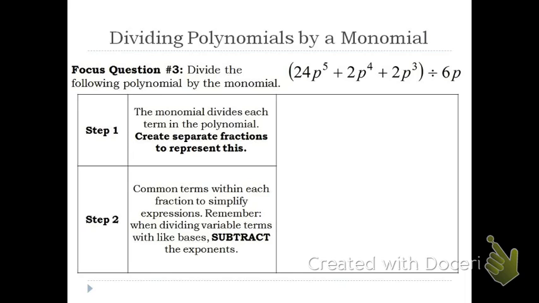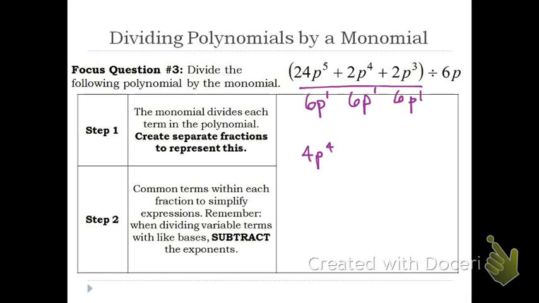Alright, now onto this. With this problem, again, make sure you divide everything by 6p to what power? To the first power. Okay, so divide everything by 6p to the first. And as we go into that, divide each part individually so we can get our answer. Now you'll see in the first part we have 4p to the fourth when we subtract the exponent.